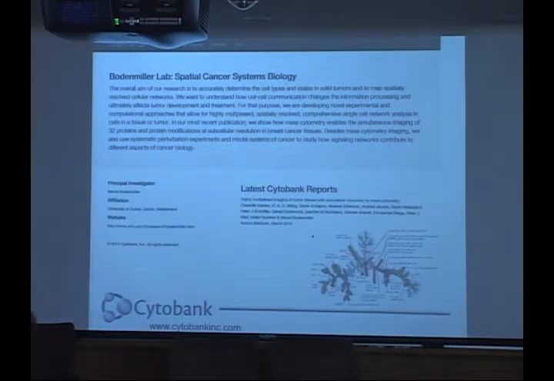This is their new landing page through Cytobank, and they did mass cytometry-based imaging, and they took the actual information and put it into Spade. And so you can access and view the data and even download it through Cytobank.